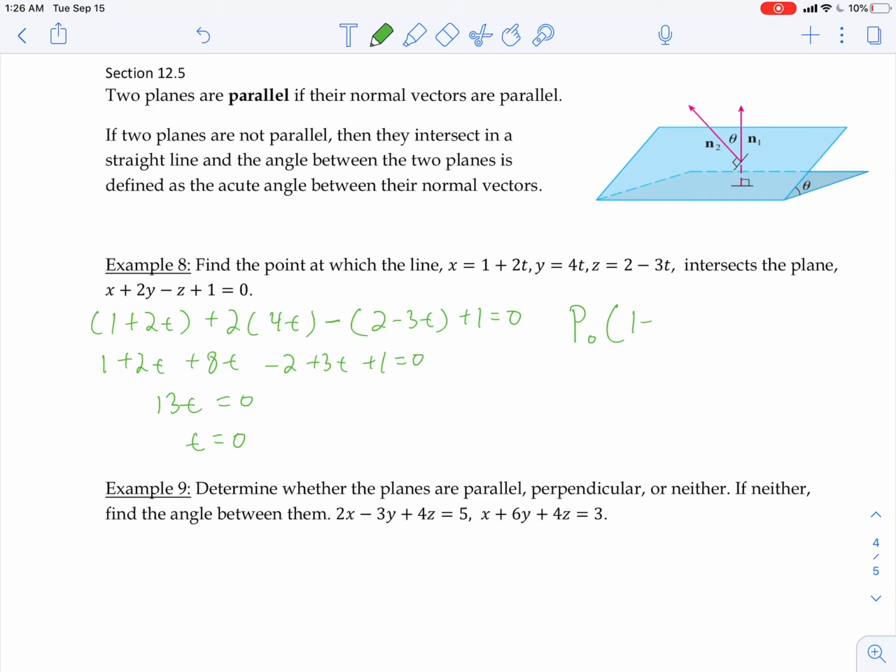We get 1 plus 2 times 0 for our x value, 4 times 0 for our y value, and 2 minus 3 times 0 for our z value. So our point where they intersect is right here, 1, 0, 2. And that's it.